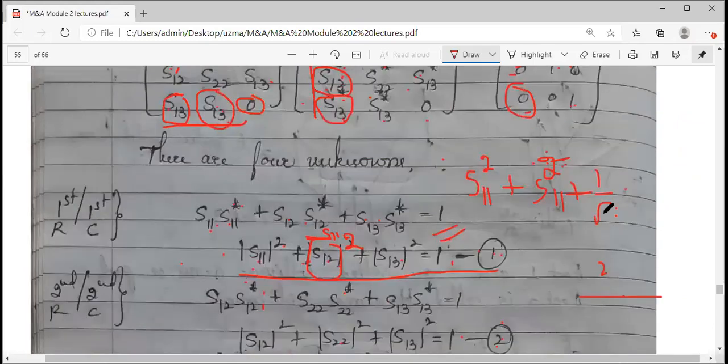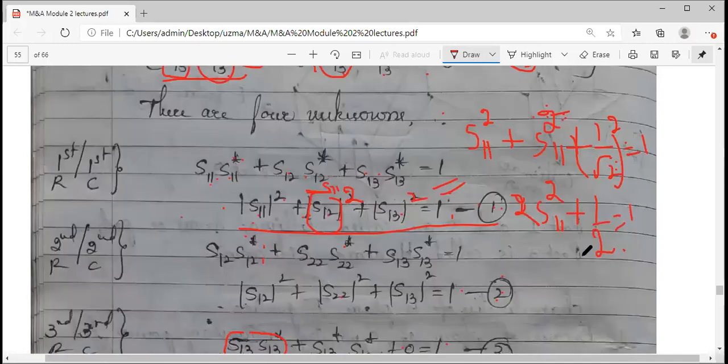Substitute that: 1 by root 2 whole square. The third term squared is equal to 1. So you can simplify this. S11 square plus S11 square, so 2 times S11 square plus 1 by root 2 whole square. The square and root get cancelled. You will be left with 1 by 2 is equal to 1. Simplify this: take half to the other side.